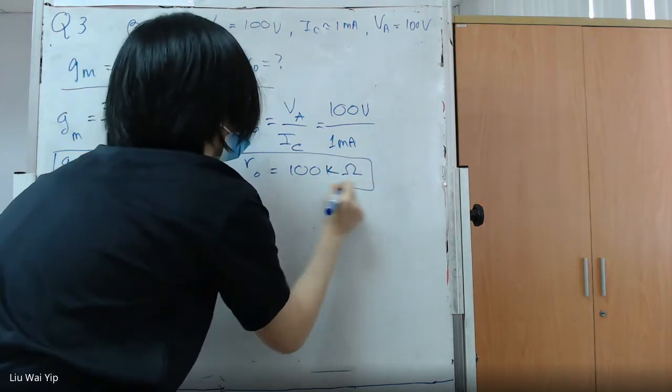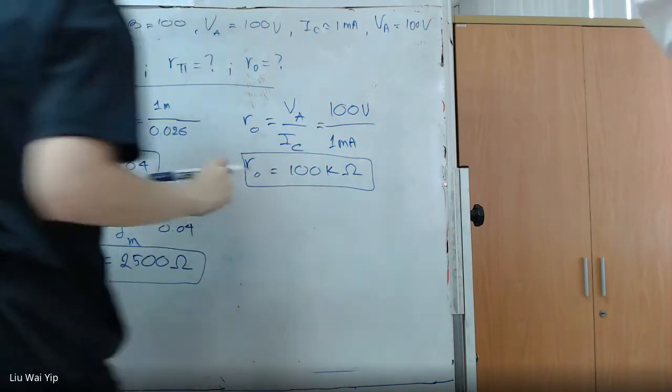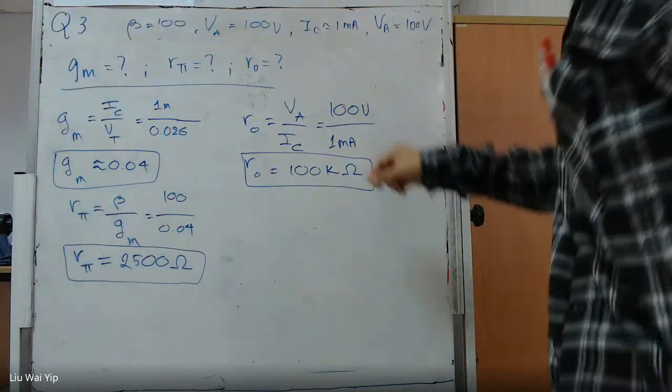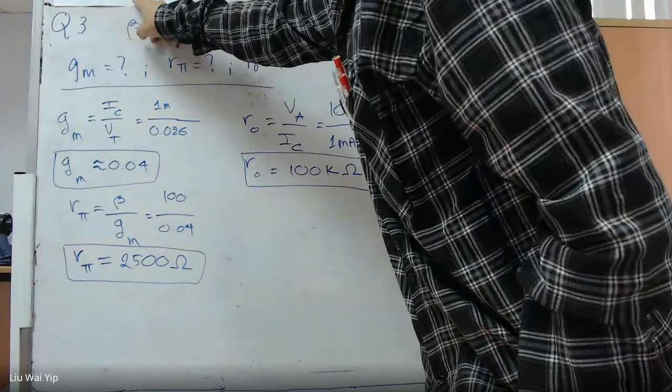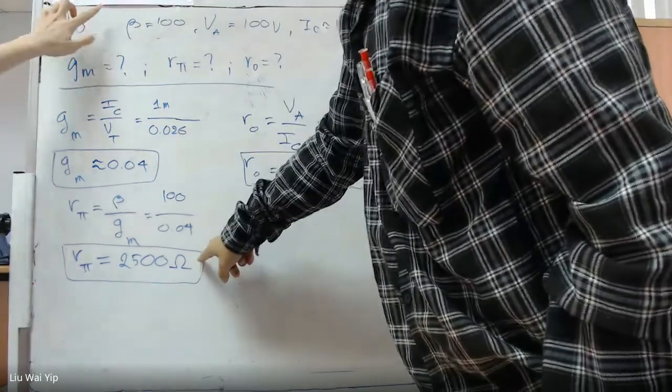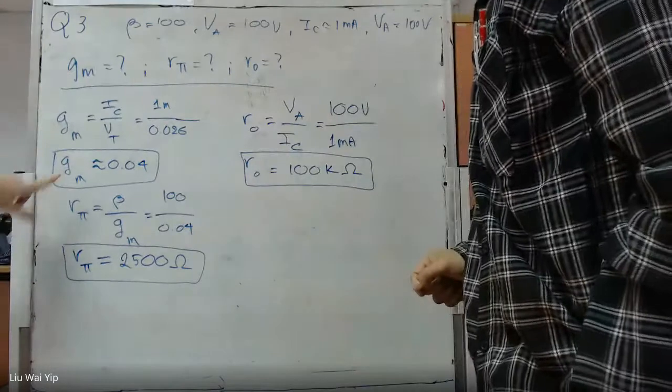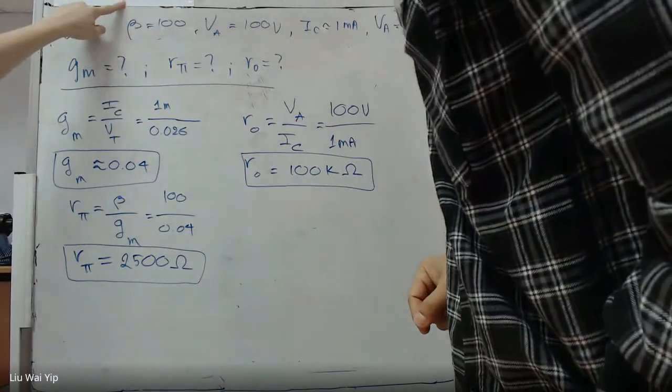Good, perfect. So question B has been dealt with, and the answer is exactly 2.5K, correct. Also correct. So this is the unit for the GM.